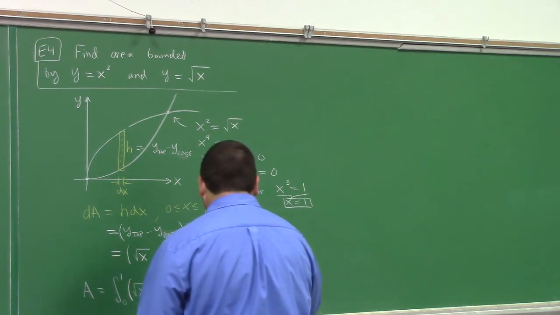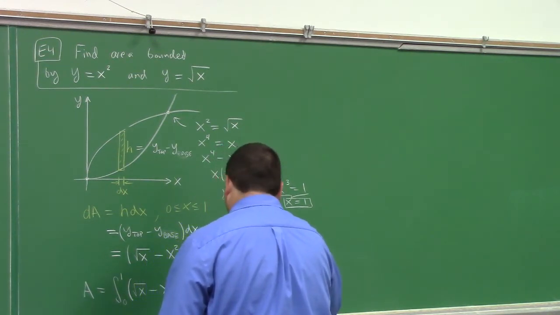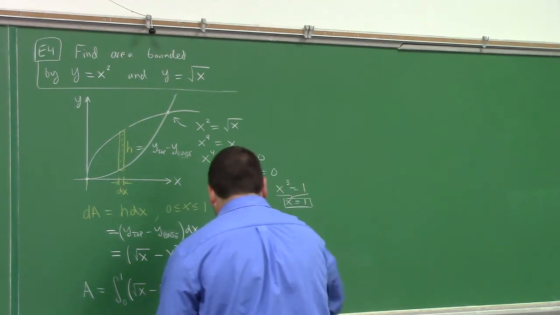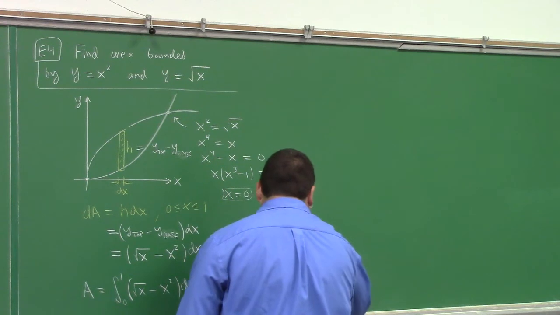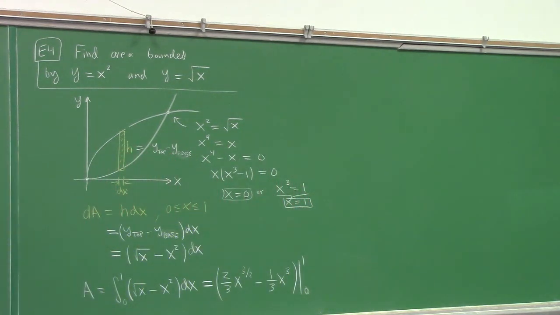Let's see here. So the integral of square root of x is 2/3 x to the 3/2. Integral of x squared is 1/3 x cubed, right? And we evaluate from 0 to 1. I love evaluating from 0 to 1. 0 to 1 are my favorite bounds because 1 to the whatever power is 1. So you can just focus on the fractions. We get 2/3 minus 1/3. What's the answer?